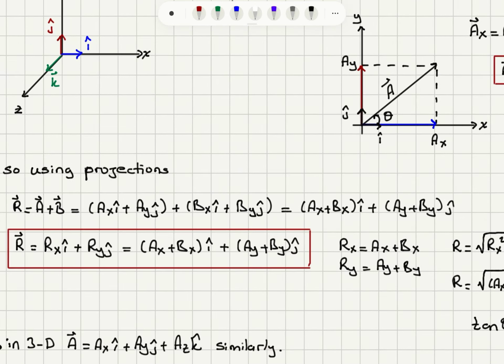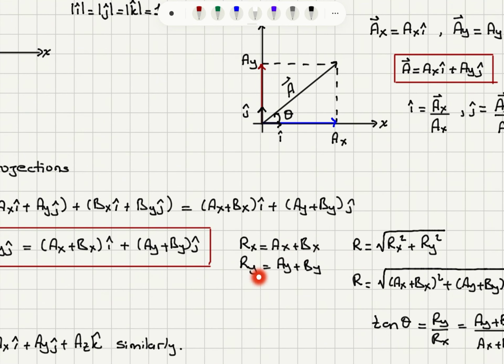So the resultant vector has a component r_x on the x-axis, it's r_x i hat, and a component r_y on the y-axis, it's r_y j hat. So these components are a_x plus b_x and a_y plus b_y, as you can see from the algebra here.